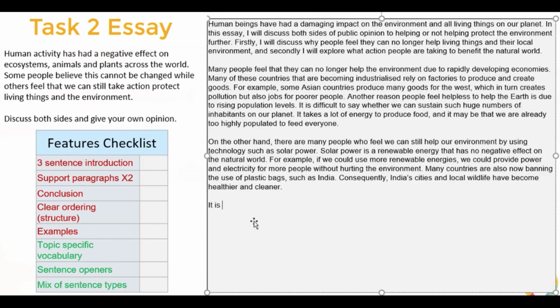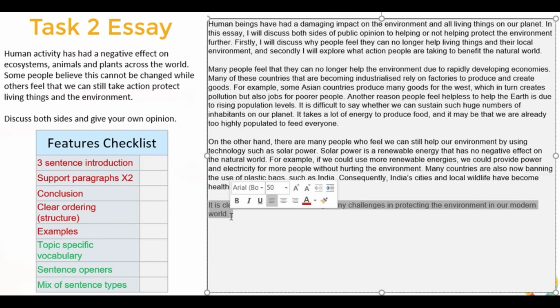It is clear to see that we are facing many challenges in protecting the environment in our modern world. Okay, so I've kind of paraphrased that, it is quite difficult. There are different ideas. Some people believe one thing and other people believe another thing. So it's a challenging situation to be in. So that's my first sentence.